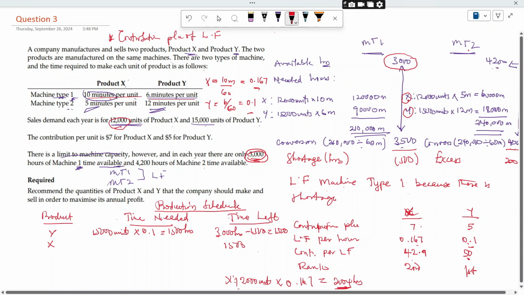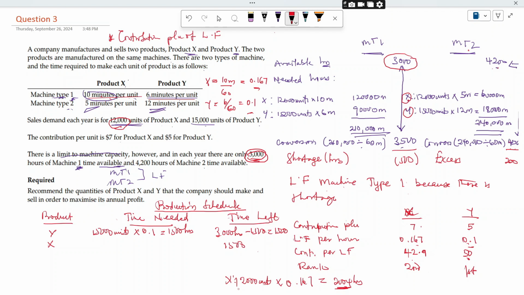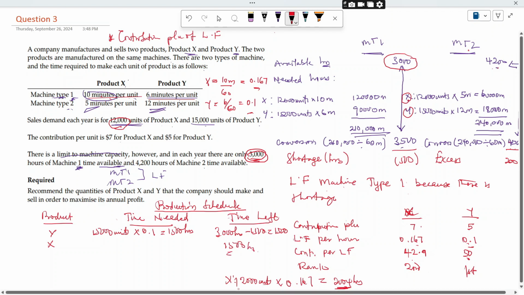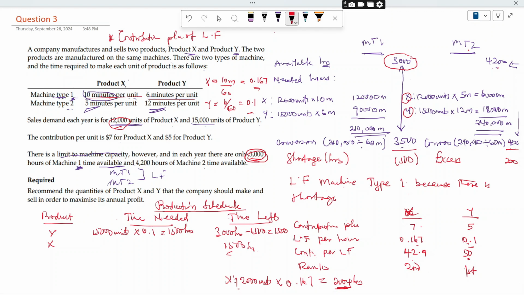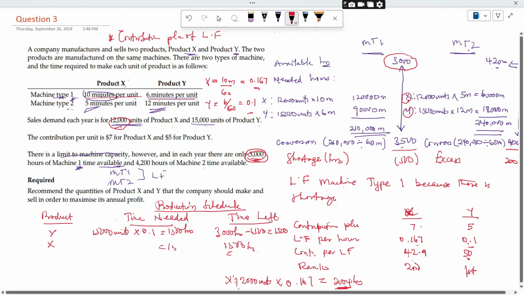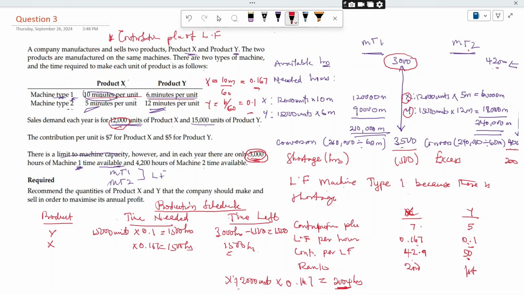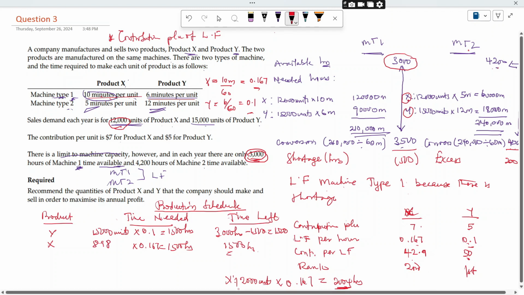But we don't have 2,004, we only have 1,500 hours. So we need to use the 1,500 to produce the rest for X. So here, 1,500 hours, and per unit is 0.167, so we divide 1,500 by 0.167, giving us 8,982 units.